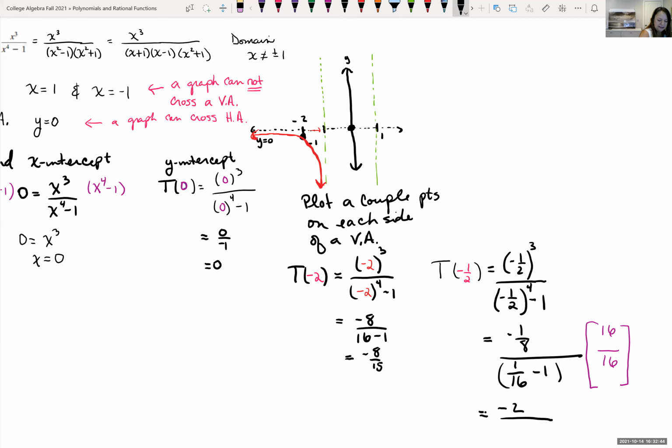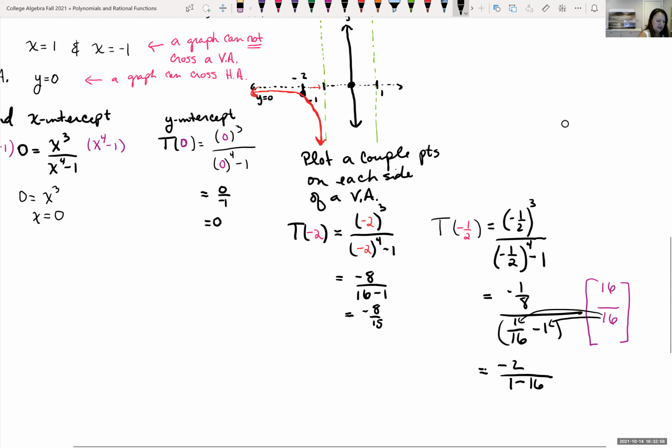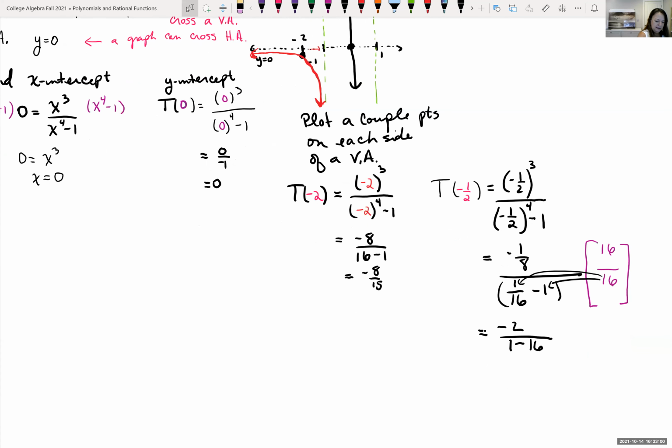Distributing my 16 to the denominator, 16 times 1 over 16 is 1, minus 16 times -1, so minus 16. So it looks like this is a positive number. It's above the x-axis. So this gives me -2 over -15, or 2/15.